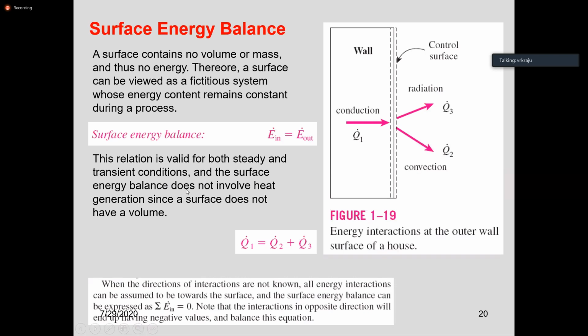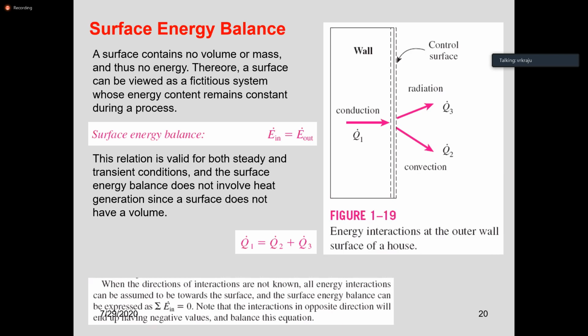The surface energy balance does not involve heat generation since a surface does not have a volume. Most of the time, the energy generation is associated with volume, that is energy generation per unit volume. Like in nuclear fission, you put a uranium rod and it goes on decreasing its mass, and for each mass there is an energy generation.